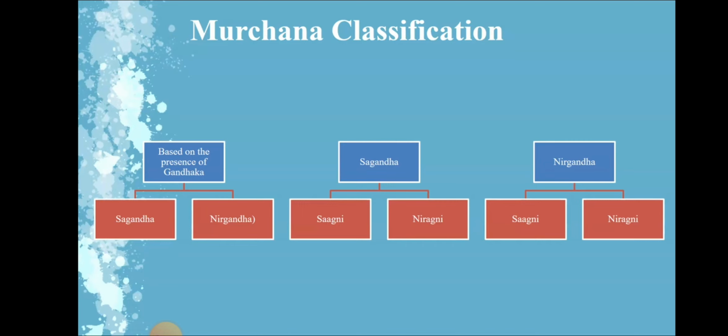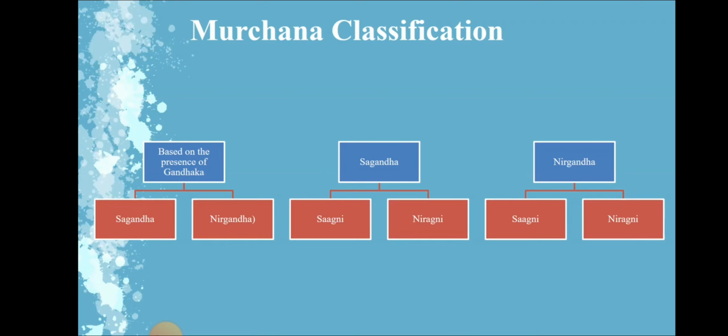Nirgandha Niragni is Mugdha Rasa. Sagandha yogas are better and safer to administer to a patient for a longer period of time than Nirgandha Parada, because in combination with Gandhaka, mercury becomes safer than in Nirgandha Murchana. So if you intend to prescribe the medicine for a longer time, it is good to use a Sagandha Murchana yoga.